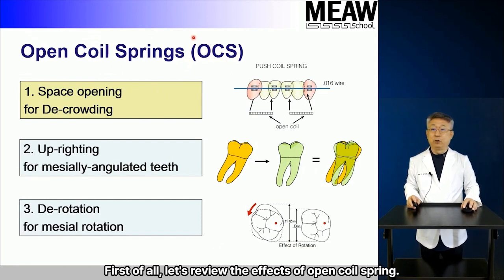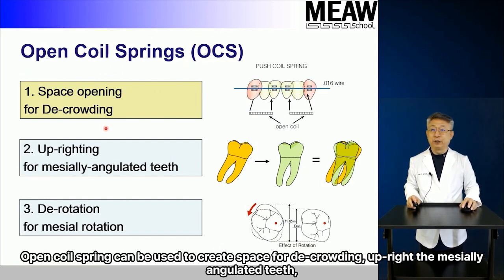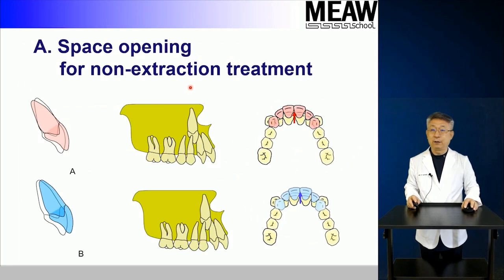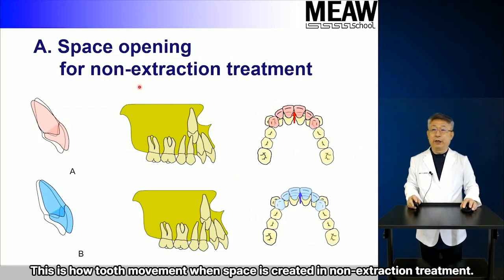First of all, let's review the effects of open coil spring. Open coil spring can be used to create space for decrowding, upright the mesially angulated teeth, and derotate the mesially rotated teeth. This is how tooth movement occurs when space is created in non-extraction treatment.